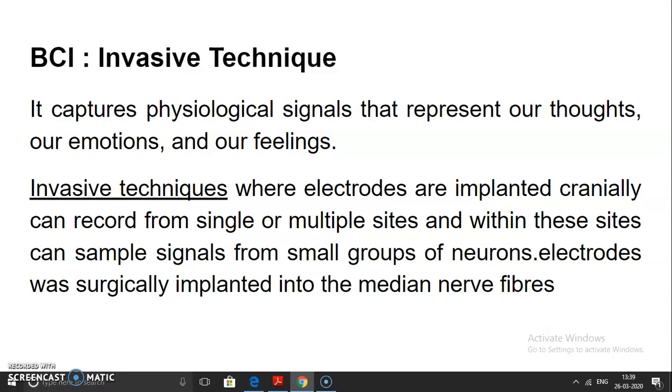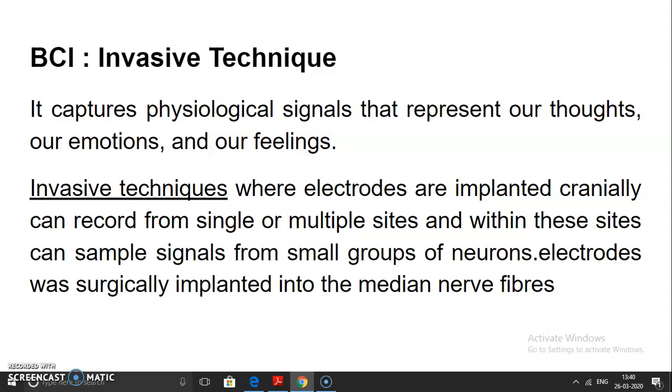The main thing is, is it possible to capture those signals? Yes, it is possible to capture those signals, and it is also possible to analyze the meaning of those signals. These signals are physiological signals which represent our thoughts, our emotions, and our feelings.